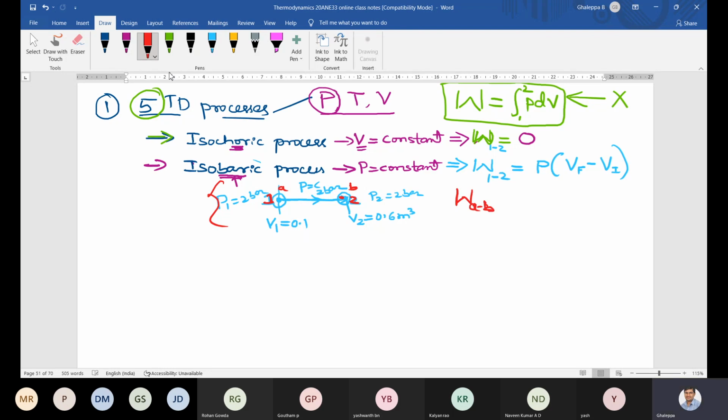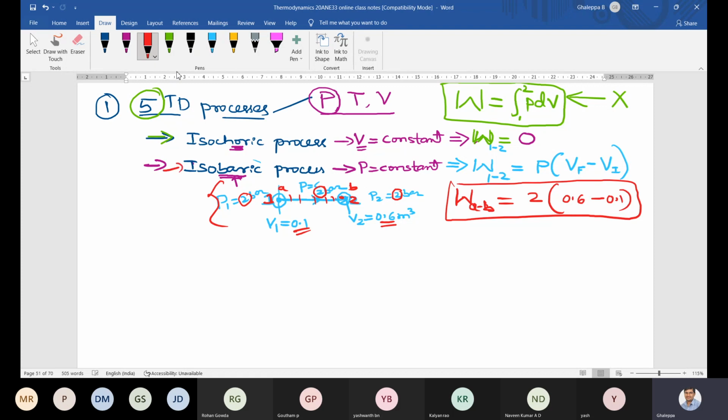Work done during A to B is equal to, what is the pressure throughout the process? It is 2 bar and it is constant. At each and every point the pressure is constant, so substitute 2. How much is the final volume? 0.6, minus initial volume 0.1. So this is how we have to calculate work done for isobaric process.